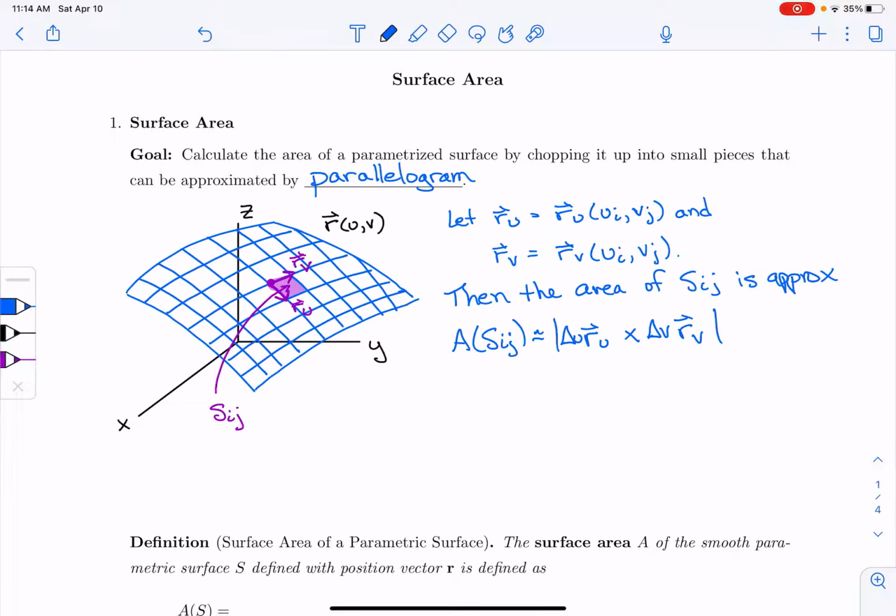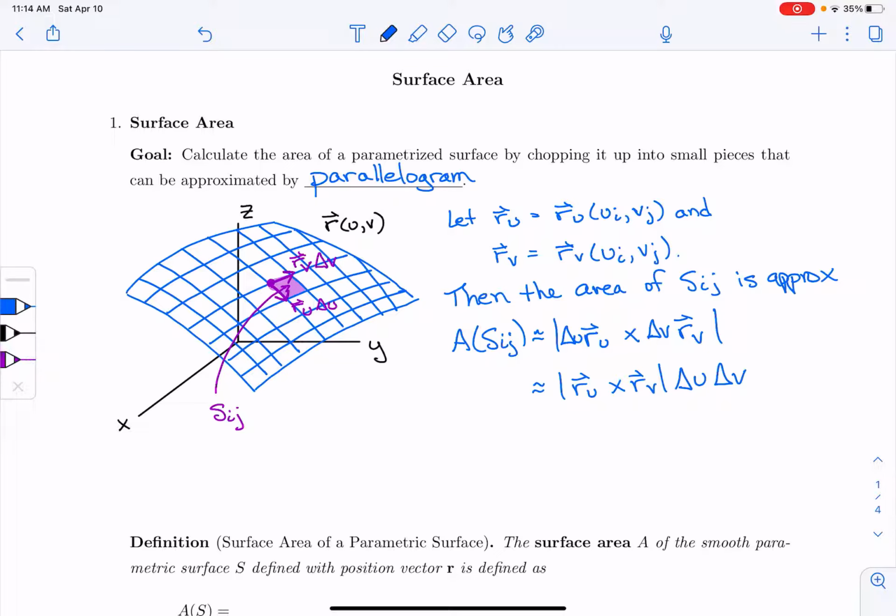And so the approximate area of that little piece of surface is the area of the parallelogram, r sub u cross r sub v, times delta u delta v. So here on the diagram, if the parallelogram is that small, then those two vectors are actually r sub u delta u, and r sub v delta v.